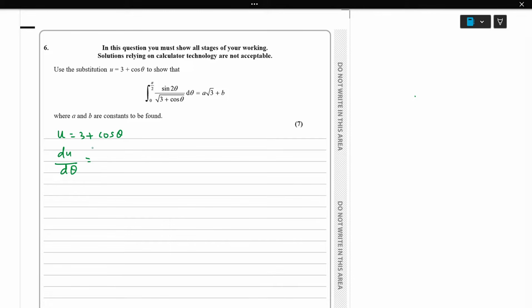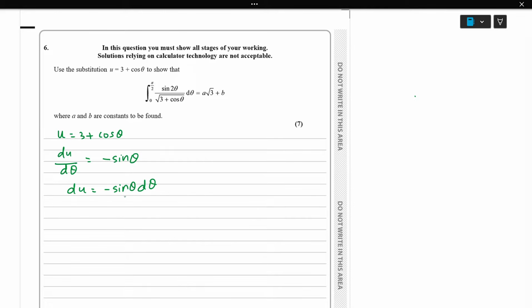So 3 is a constant, it becomes 0. So cos theta, when you differentiate, we get minus sin theta. So we have d theta, and we'll rearrange to du. So du equal to minus sin theta d theta. Later we'll substitute here.